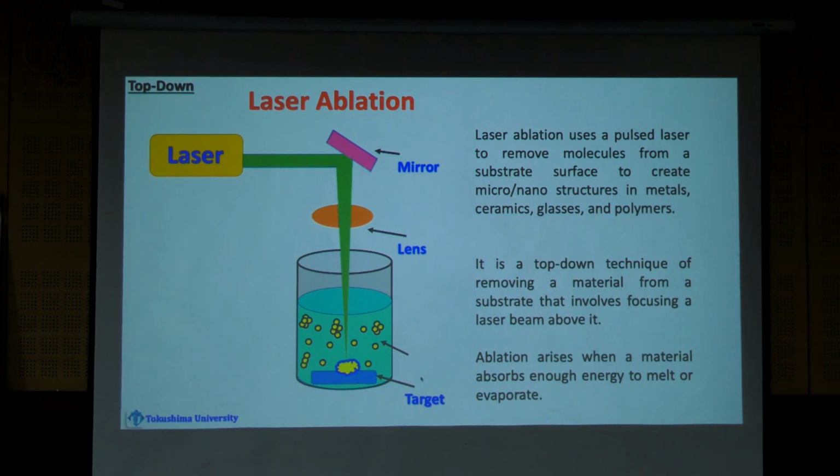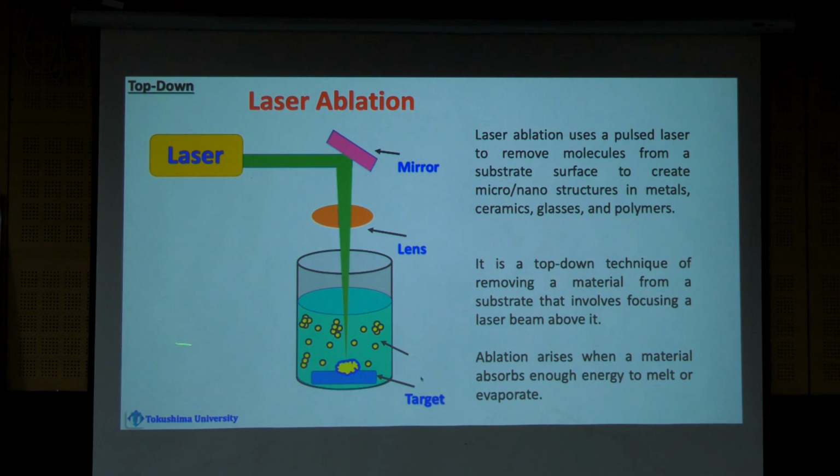Another way of creating the nanostructure is to put the laser like this. There are two ways you can create the nanostructure. One way, you use target material in the form of solid. Another, you simply put in powder, with a size of a few micrometers, let's say 1 micrometer or 10 micrometers. You mix the powder, and you can also use stirring.